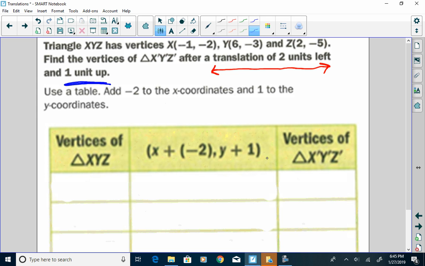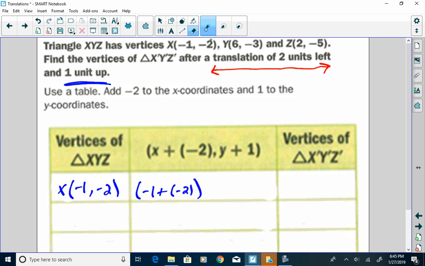So let's see how we would use a rule. This would essentially be our rule. So the vertices of triangle XYZ. Point X is located at (-1, -2). So how's that going to work? Well, I want to take my x value, which is -1, and add -2 to that.